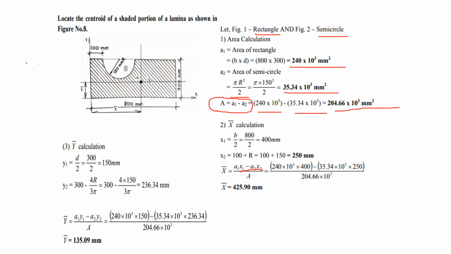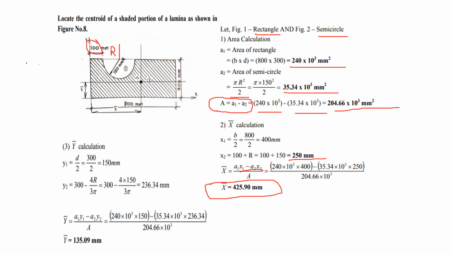So x1 is 400, and for x2 we have to add this 100 in radius. So this is r plus 100. So x2 is 250. So x bar is A1x1 minus A2x2 divided by total area. After putting the values and after solving, we got x bar is 425.90 mm.